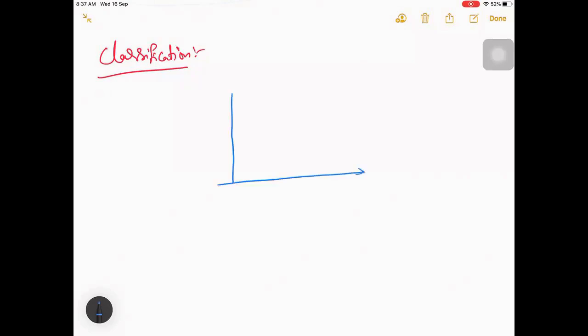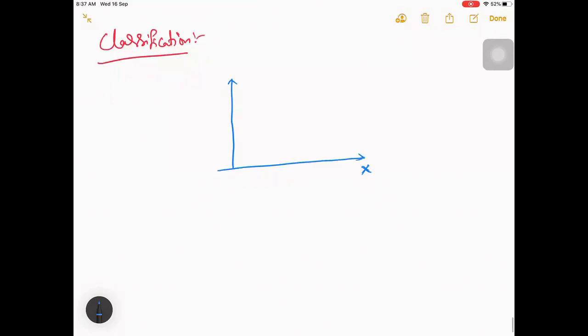So for x, let's take x as maybe your WBC count, a white blood cell count or red blood cell count, something which I'm not sure exactly will impact the cancer. Let's say we are taking one feature and plotting it.